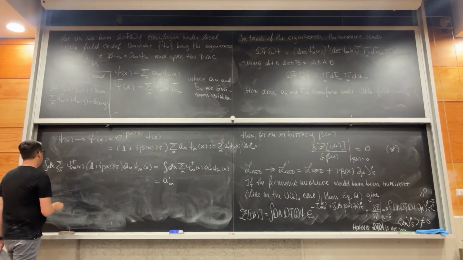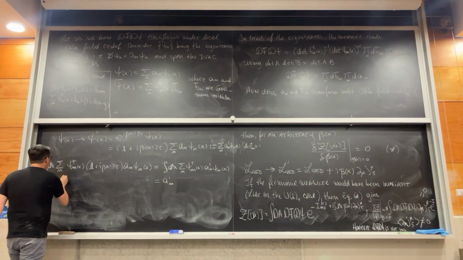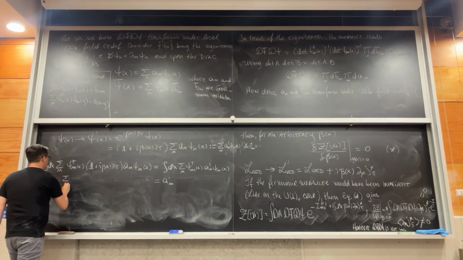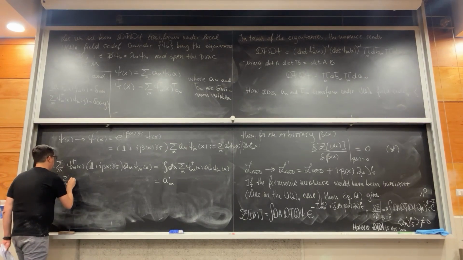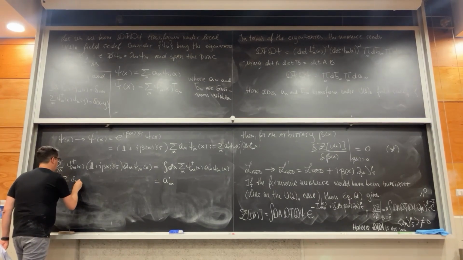So this can be written as the first will be delta, the sum over n, this will be delta m n.